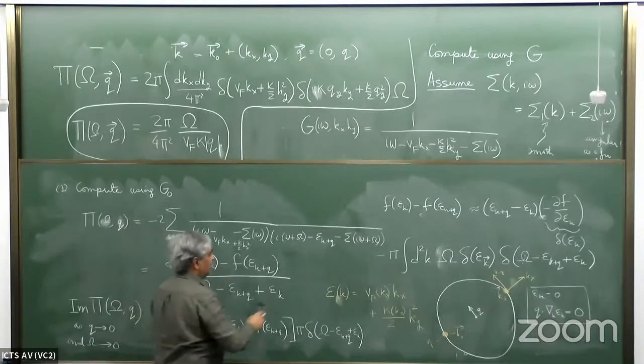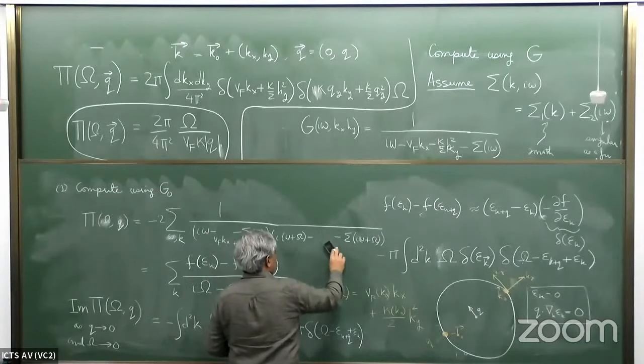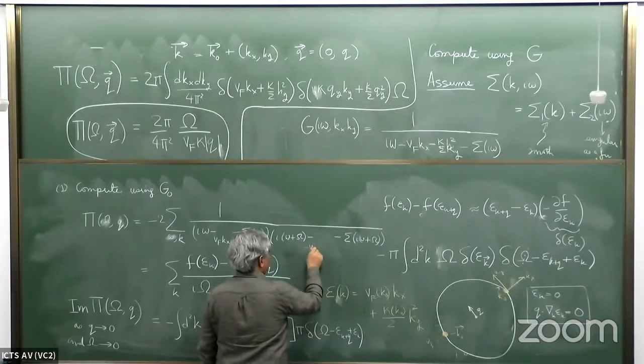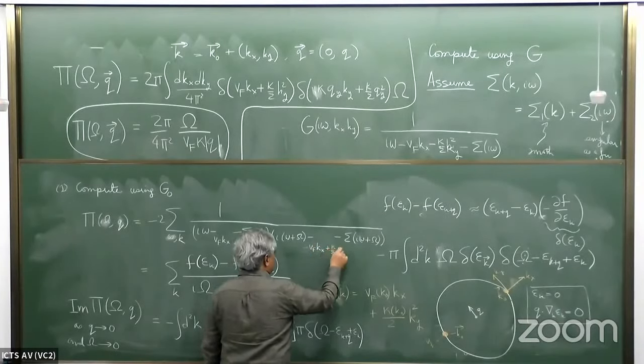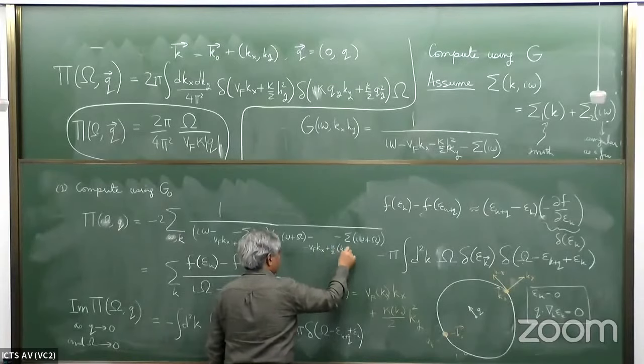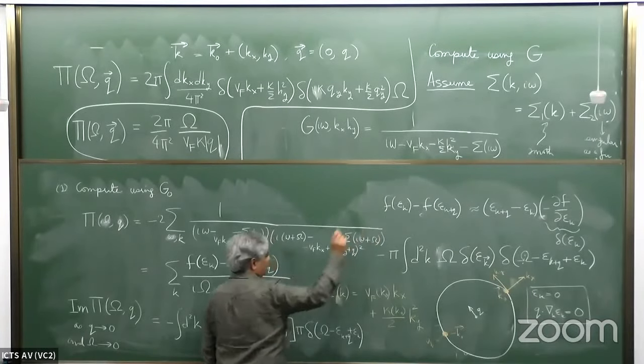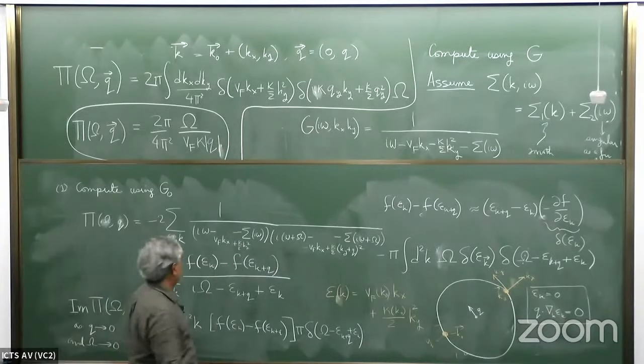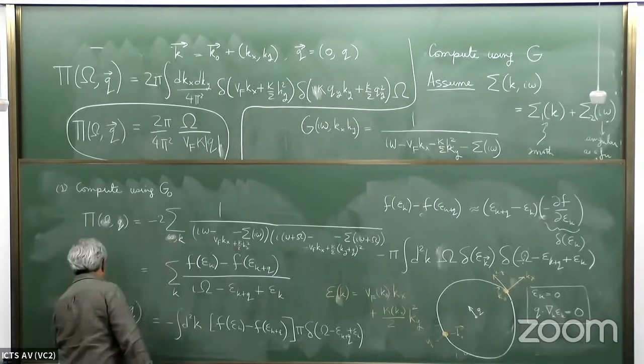And similarly here: minus v_F k_x plus kappa over 2 (k_y plus q) squared. Remember, I chose k naught to be orthogonal to q.